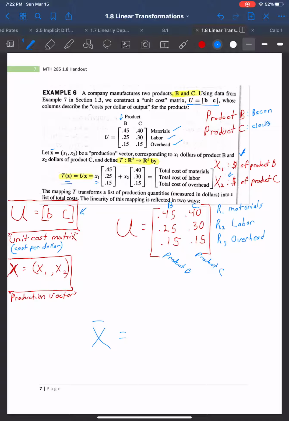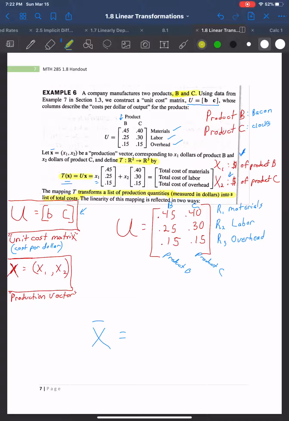This can give you your total cost of materials, total cost of labor, total cost of overhead. This is actually really interesting. What does T do for you? Why would you want to set up this function T of x? Well, what's really cool is it transforms a list of production quantities into a list of total cost.